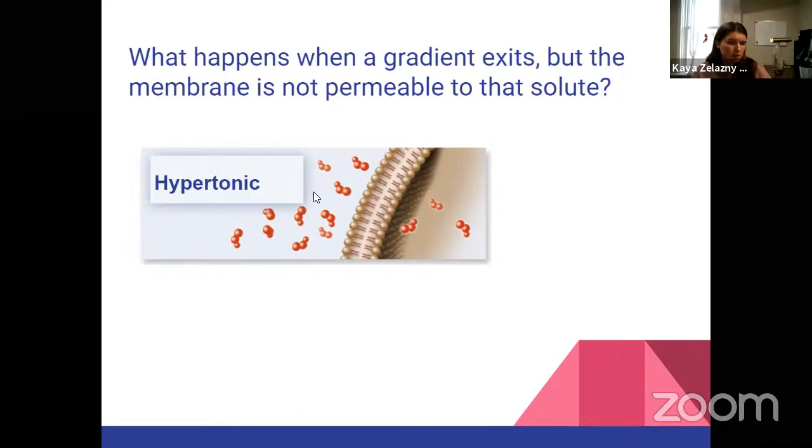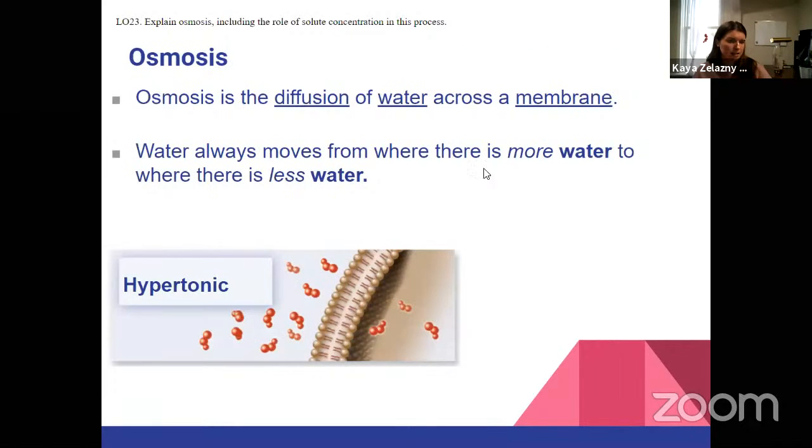But we have lots of molecules that can't get directly across the membrane. They can't just do simple diffusion, easy diffusion directly across that membrane. But they still want to reach equilibrium. We still want those concentrations to even out. So what we're going to have happen in this case is something called osmosis.